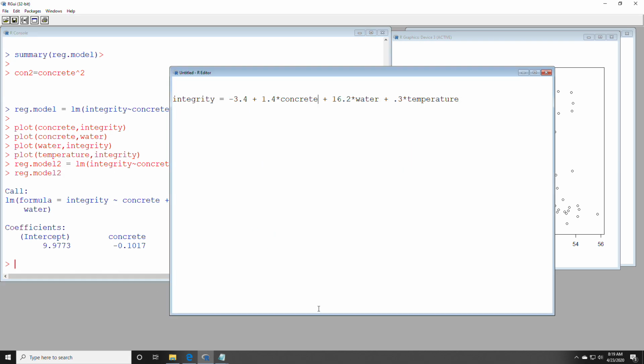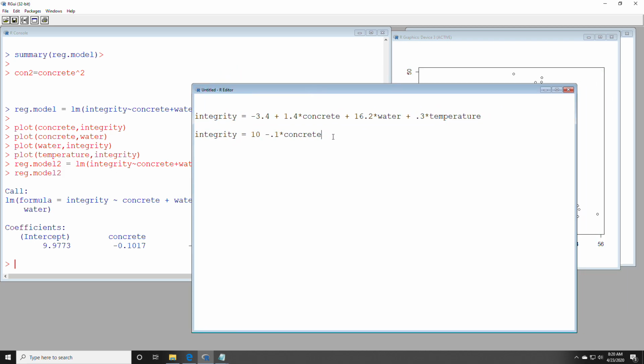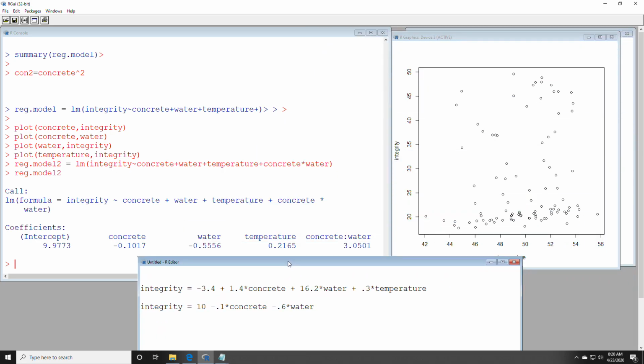So now this regression model, we have the integrity score equal to 10 minus 0.1 times concrete minus 0.6 times water plus 0.2 times temperature plus 3 times concrete times water.